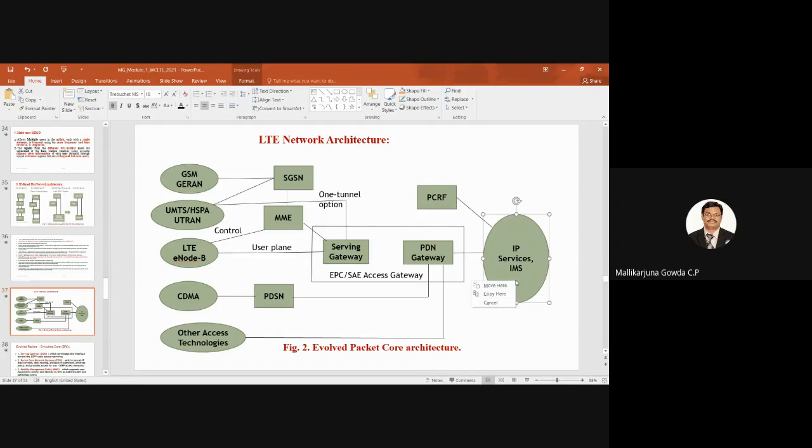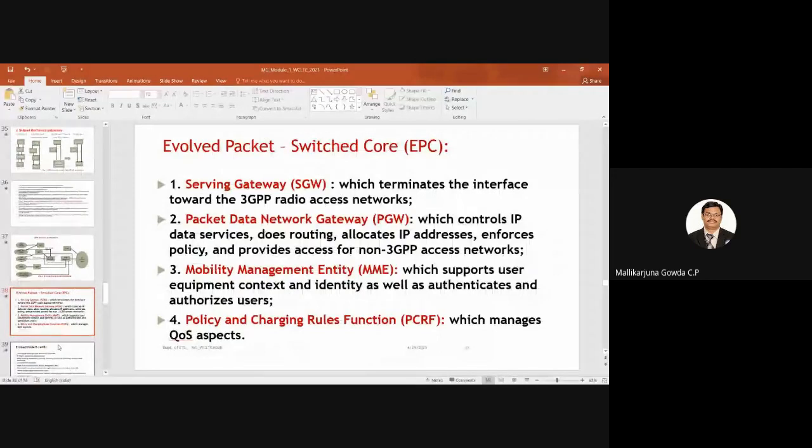So let me say in brief what is the function of each network element. So first one, I will say what is EPC, that is what I said, evolved packet switched core network. It has elements.